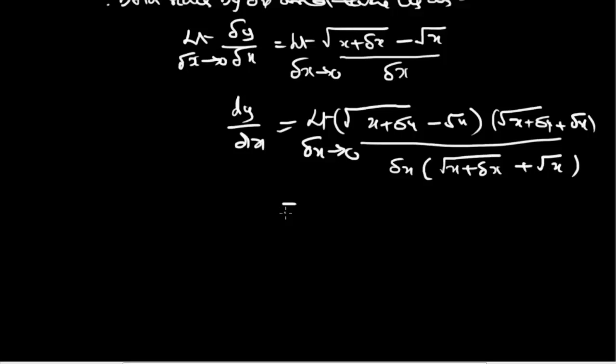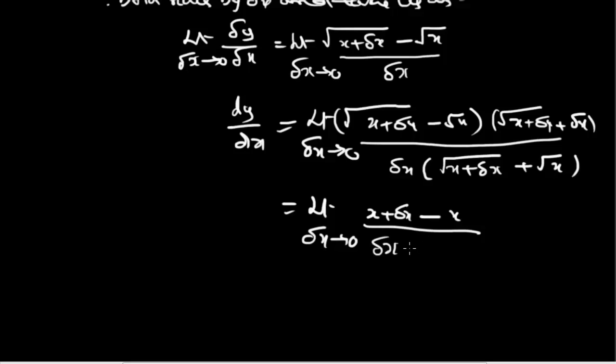Now the numerator is in the form a minus b into a plus b, which is a squared minus b squared. So without roots you get x plus delta x minus x, over delta x into the bracket root of x plus delta x plus root x.